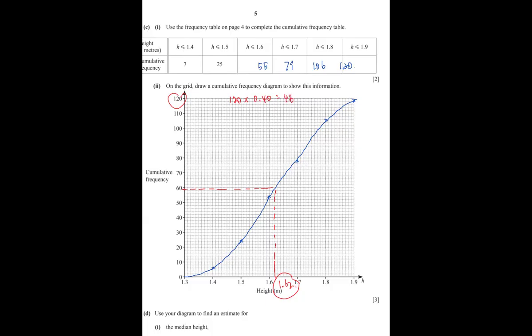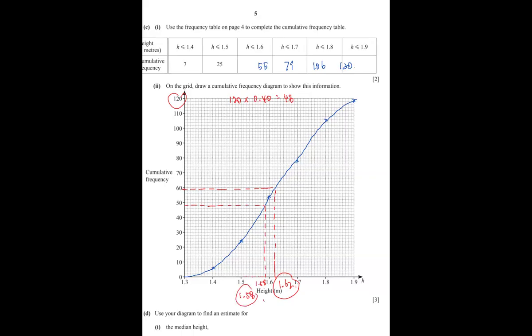So you look for 48, which is here. Then you read off again. Mine is 1.585. Right, 1.58.